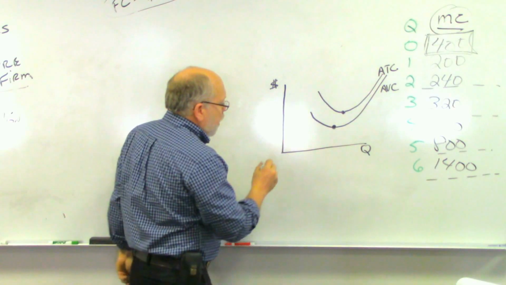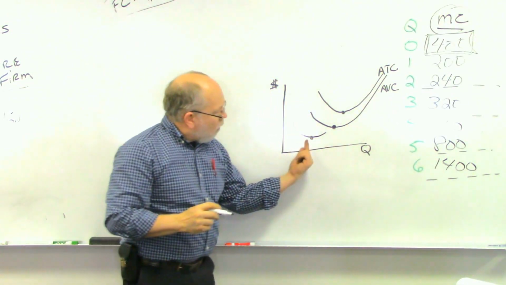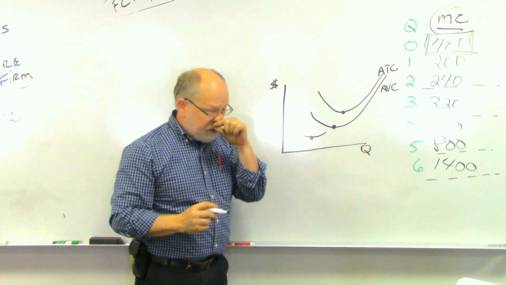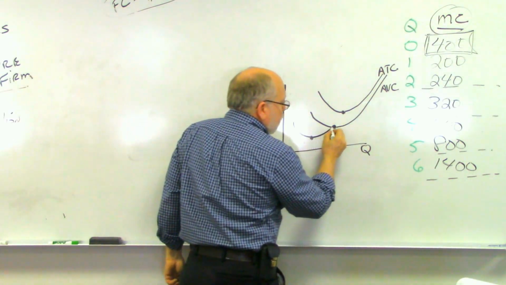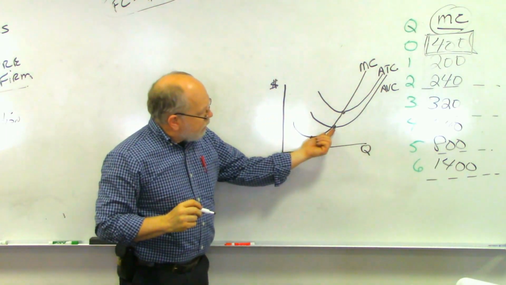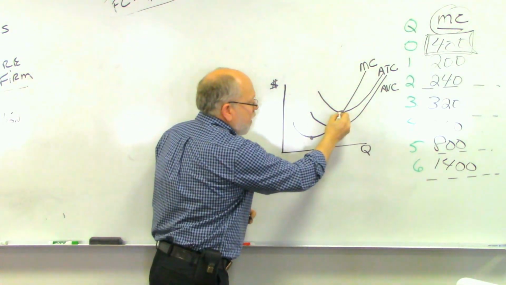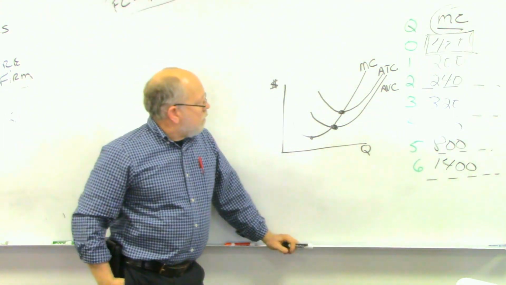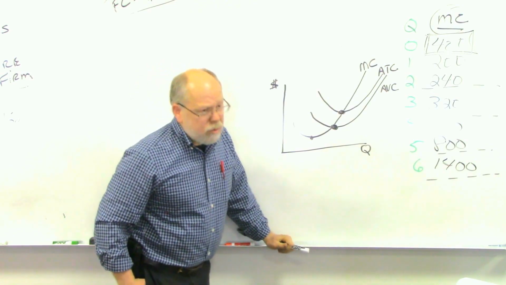It also has a U-shape that bottoms out before the bottom of the average variable cost curve and before the bottom of the average total cost curve. And here's what is so interesting. Our marginal cost curve goes through the very bottom, the extreme bottom point, of both our average variable cost curve and our average total cost curve. That will happen every time, without fail, absolutely every time.